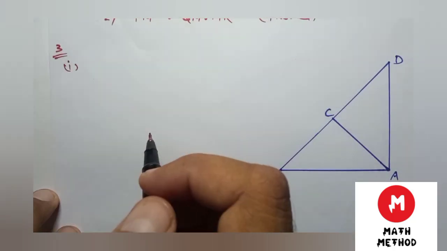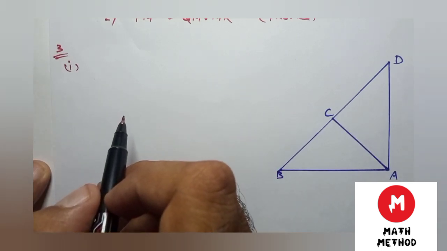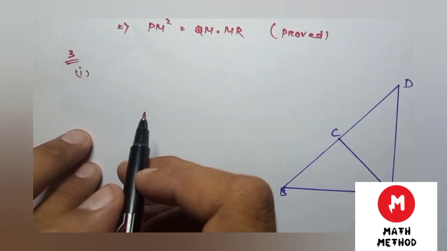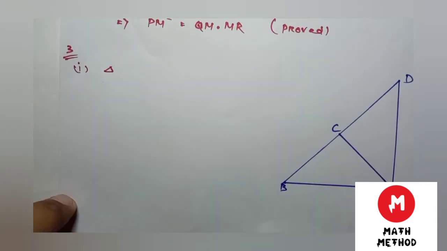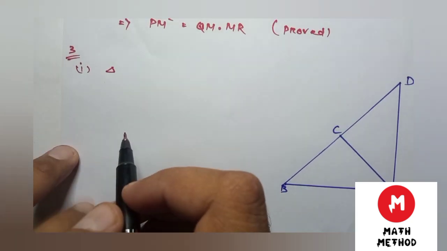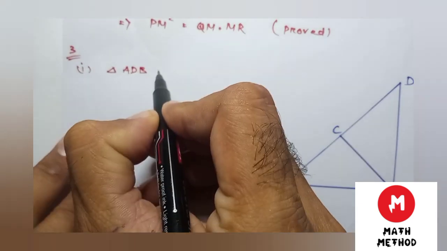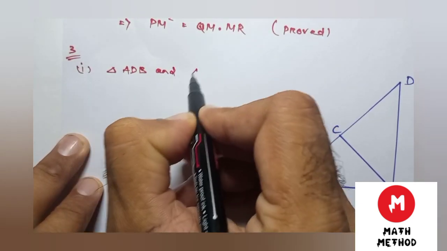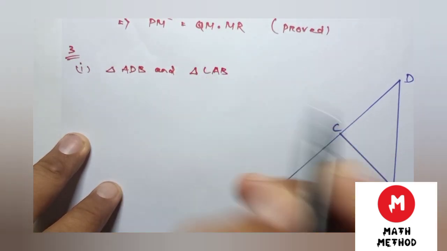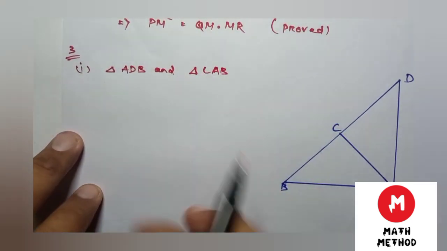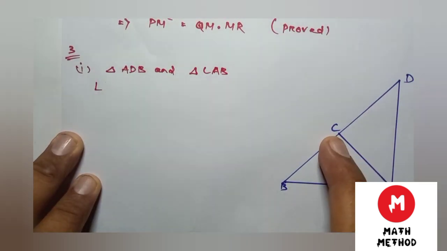See here, in triangle ADB and triangle CAB. Clear? So both triangles have angle DAB.